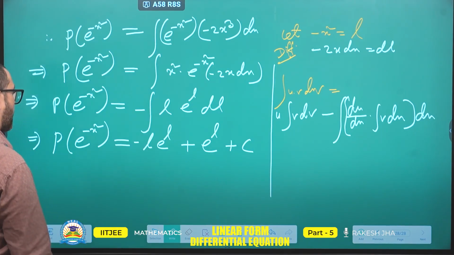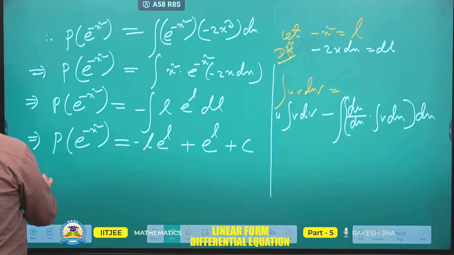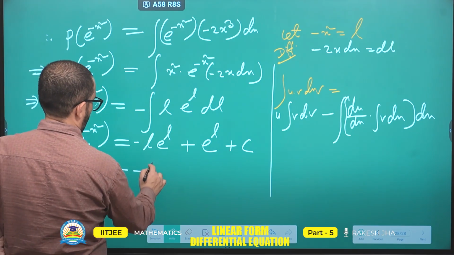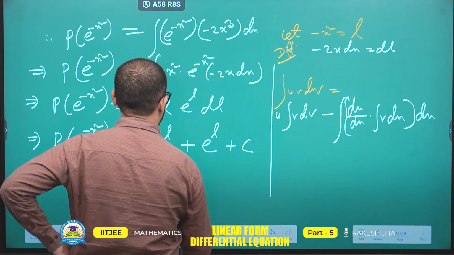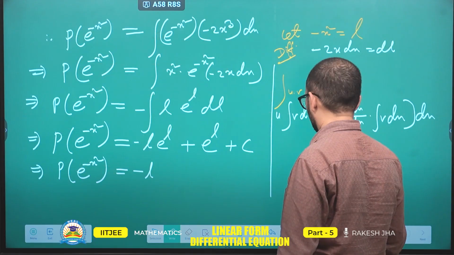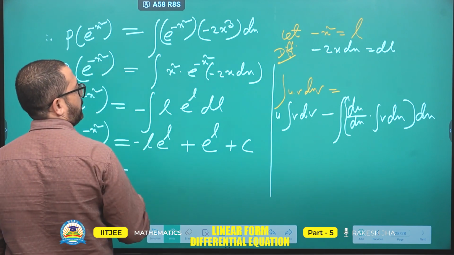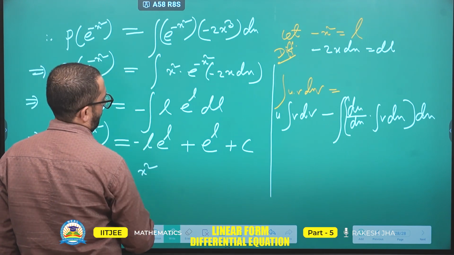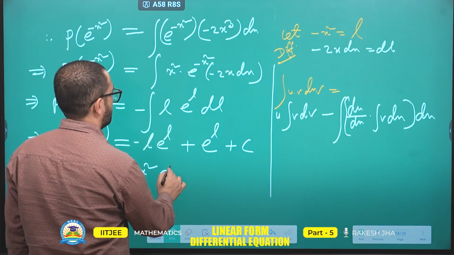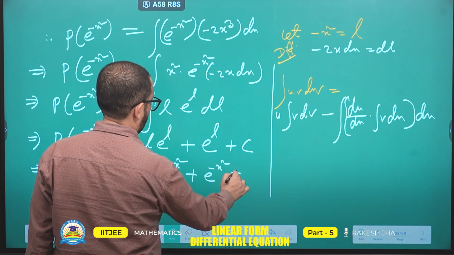Now we are going to return the values. So first of all we will return L. L is nothing but minus x square. So p times e raised to the power minus x square is equal to minus L, and L is minus x square, so minus minus plus, it would be x square e raised to the power minus x square, plus e raised to the power minus x square plus c.